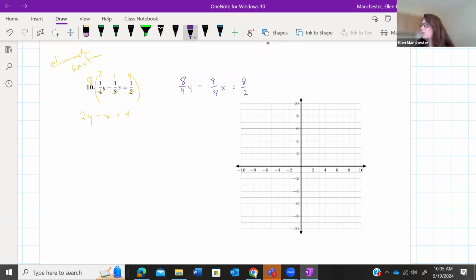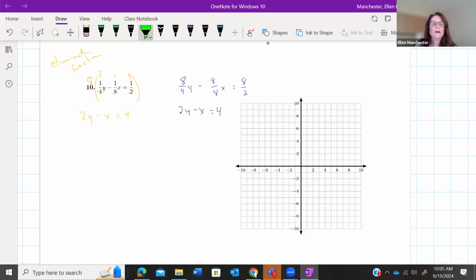The one in purple is multiplying and then reducing. But you see, you get the exact same function. They both work, so you just pick which one you like. I'll try to flip back and forth so you see it both ways, but it's completely up to you how you want to do it.